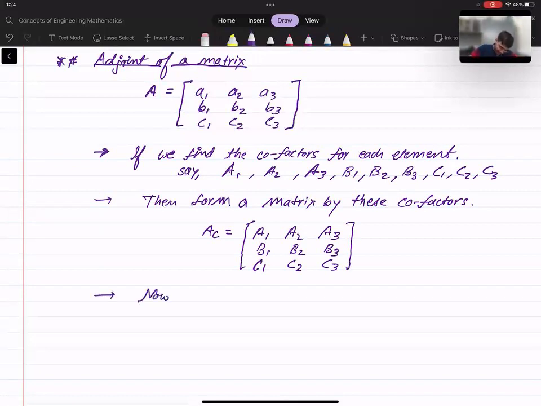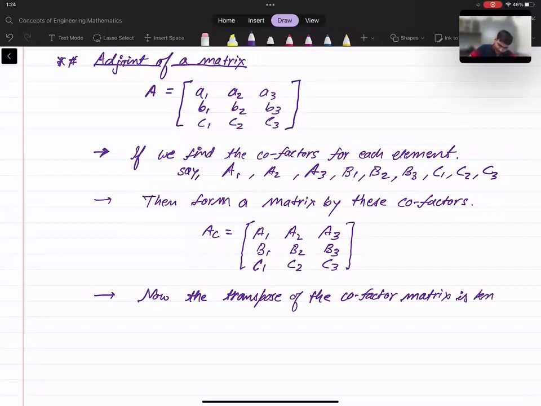Now, the transpose of the cofactor matrix is known as adjoint of A. Okay.